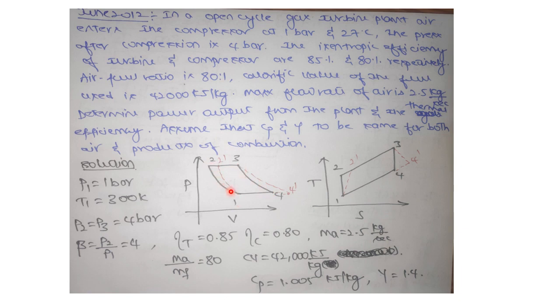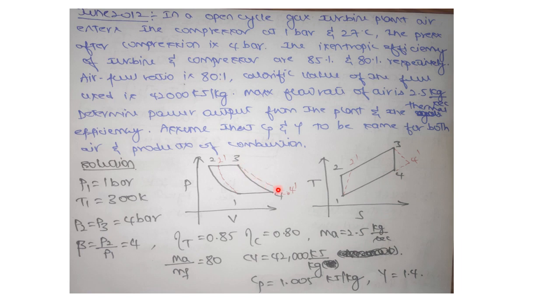So while considering m Cp delta T for the compressor, you have to consider only the mass of air, MA, since the compressor deals with only air. The turbine deals with both air as well as the combustion products, which are gases, so you have to take MA plus Mg for the turbine.